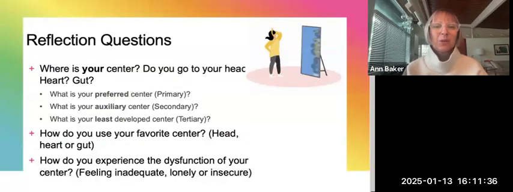Some reflection questions you can think about: if you close your eyes and ask yourself where you feel your center is, you'll scan from head all the way down and see where you land, where it feels like, oh, okay, this is home.